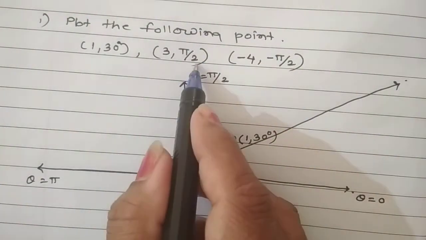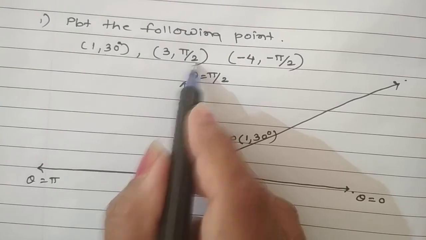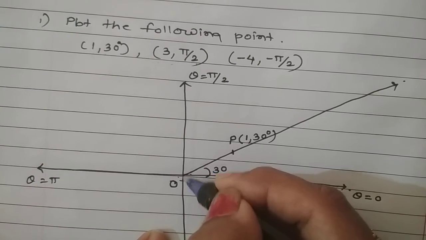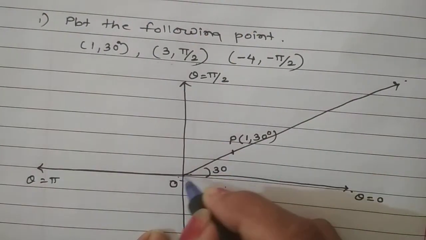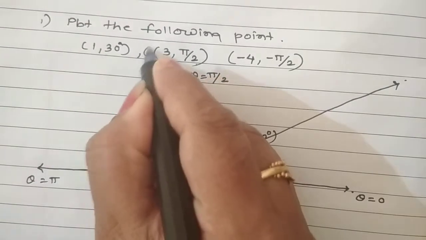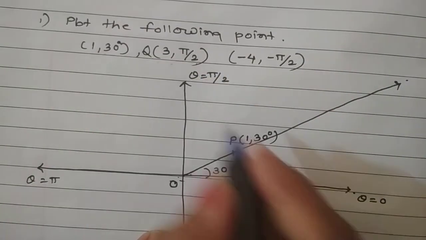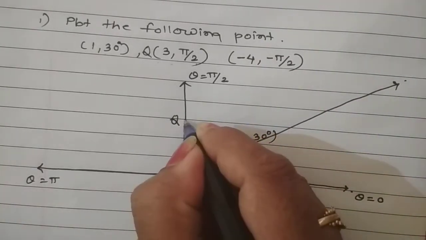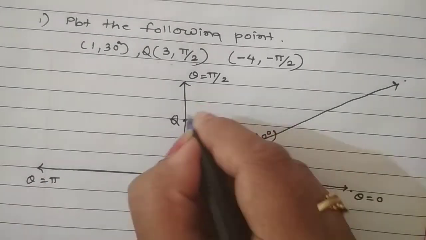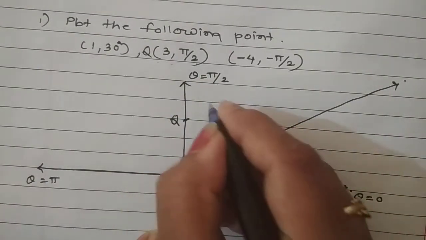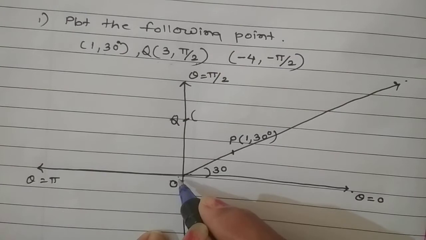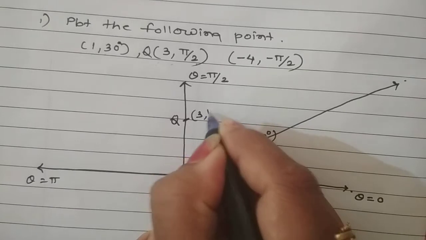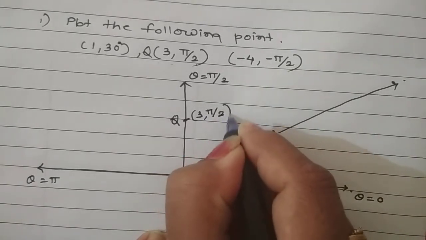Next, (3, pi by 2). This point lies on the line theta equal to pi by 2 at distance 3 from the pole. We take Q to be (3, pi by 2). The distance OQ is 3, and Q lies on this line, so the angle between the radius vector OQ and the initial line is pi by 2. Therefore, the coordinates of Q are (3, pi by 2).